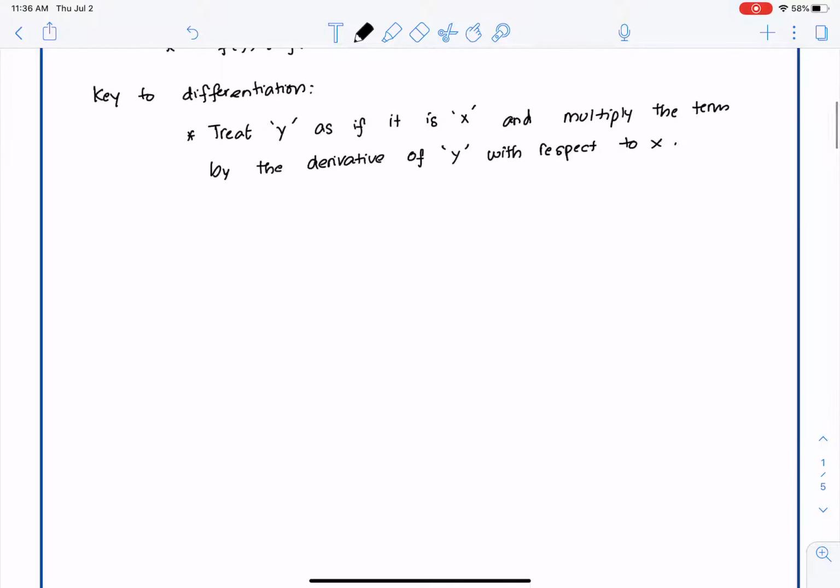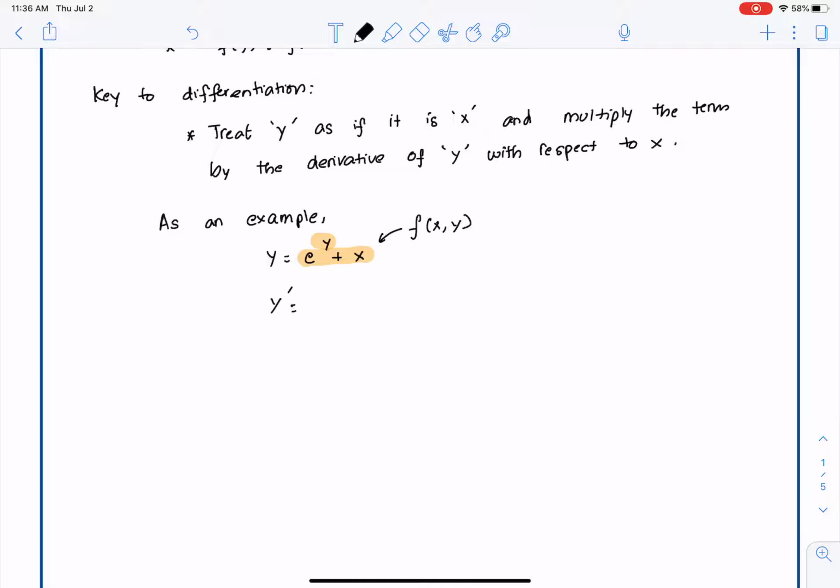As a simple example, if I have y is equal to e raised y plus x. So we have to find y prime, and if you observe the right hand side, that is both a function of x as well as y.